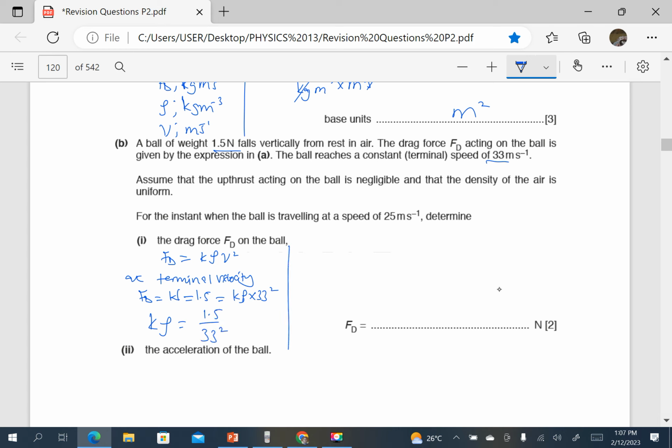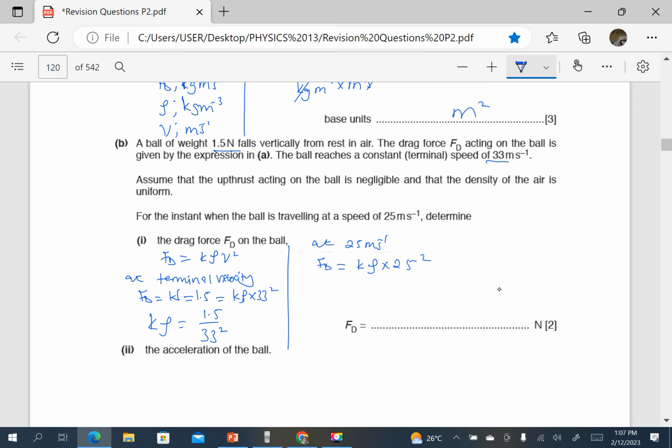Then at 25 meters per second, the drag force Fd is equal to K times rho times 25 squared.